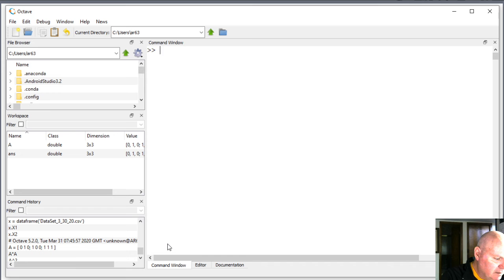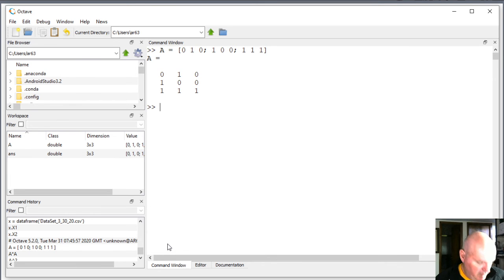So let me pull up Octave, and then A is equal to, I'm going to enter in that matrix row by row: 0, 1, 0, semicolon, 1, 0, 0, semicolon, 1, 1, 1. Okay, and then close bracket.